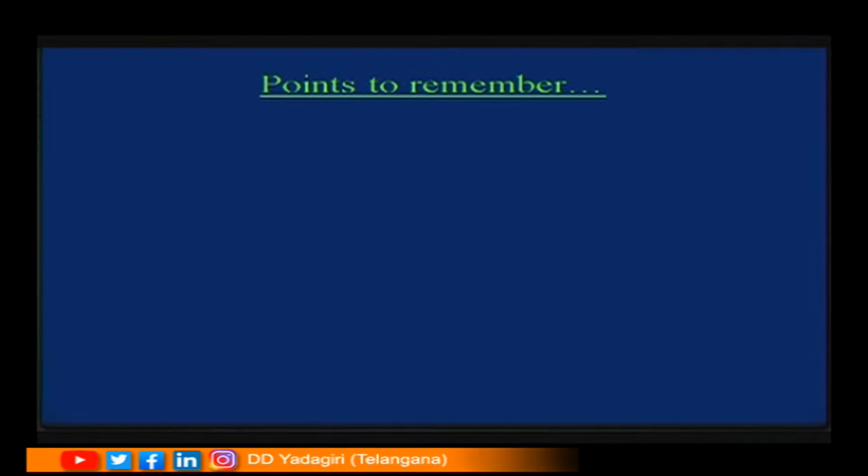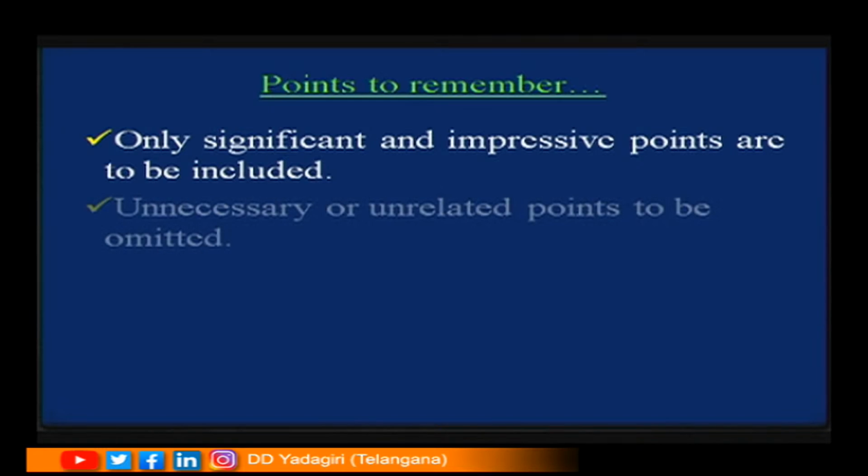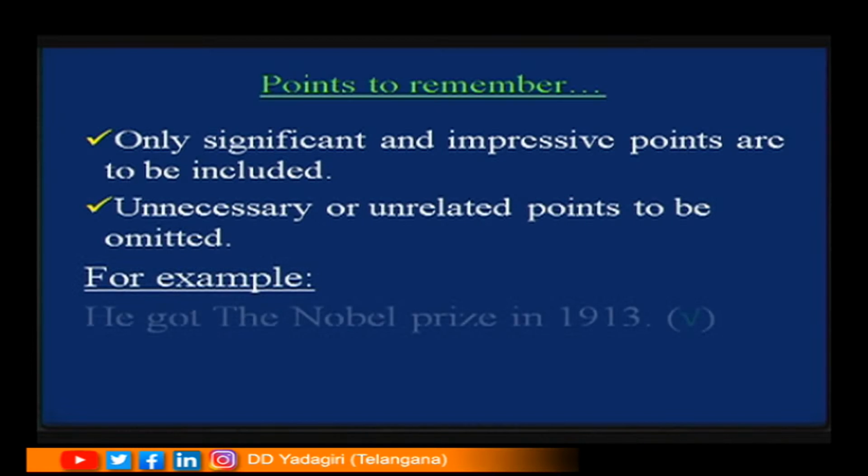While writing a profile, you should keep in mind that only significant and impressive points are to be included. Unnecessary or unrelated points are to be omitted or neglected. We should not take care of them. For example, he got the Nobel Prize in 1913.